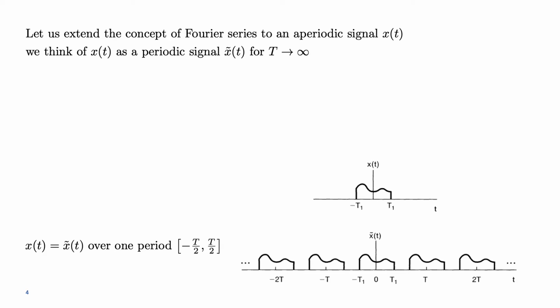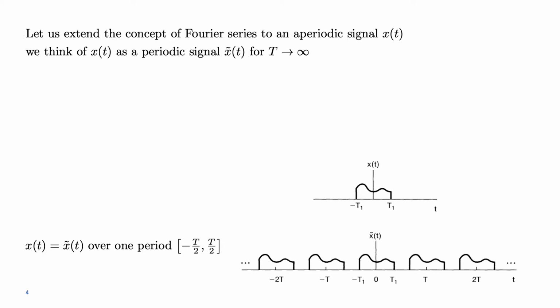Now what I'm trying to propose is to think of such signal x of t as a periodic version. We just replicate the signal x of t and we create the signal x tilde of t, which is represented below. It is the same as the one above, but replicated. This is a periodic signal, and in this case we are replicating it with period t. So at every t there's a new replica of the signal x of t, right?